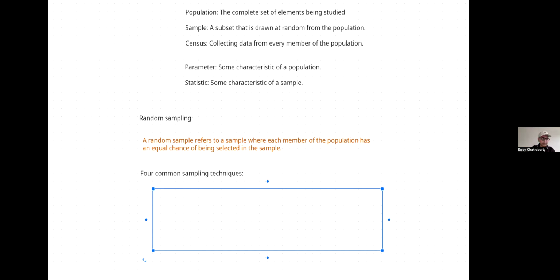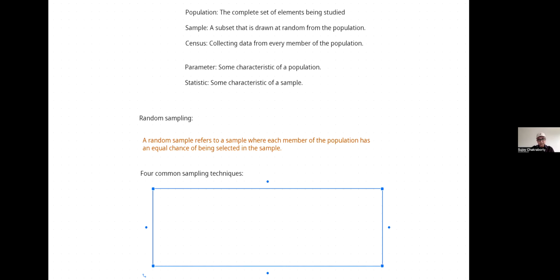So divide the population into groups or clusters, regardless of any characteristics, then randomly select a certain number of clusters and then collect data from the entire cluster for each of the selected clusters.